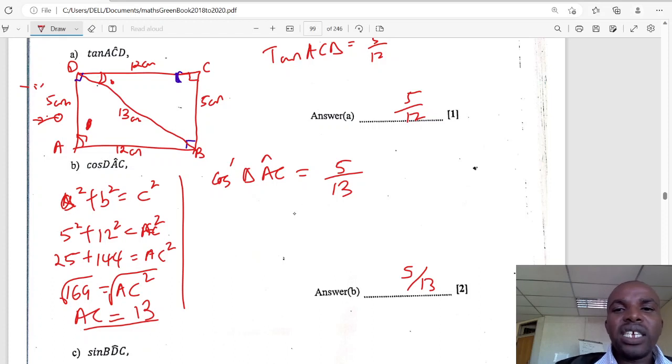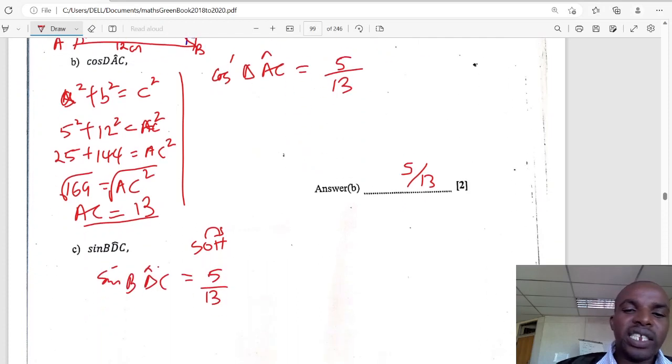So sin is opposite over hypotenuse. So sin BDC is equal to opposite. Opposite to angle D is 5 over hypotenuse, 13. Just like that. Then done. 5 over 13, that's your answer. Then next question.